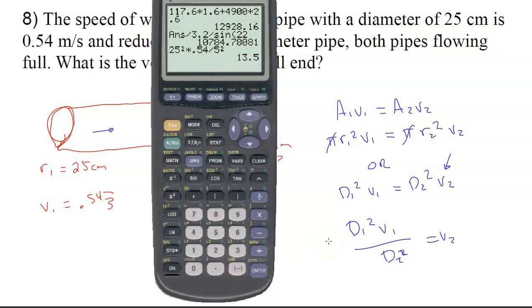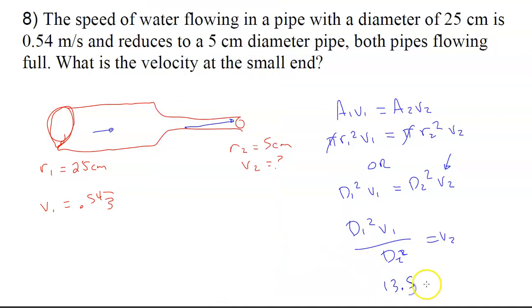Okay. Now the reason it's okay to leave this in centimeters is that it works out fine. If I use the diameter here in centimeters, and that's squared, and the velocity is meter per second, that looks pretty bad, doesn't it? But the units on the bottom would be centimeters squared.